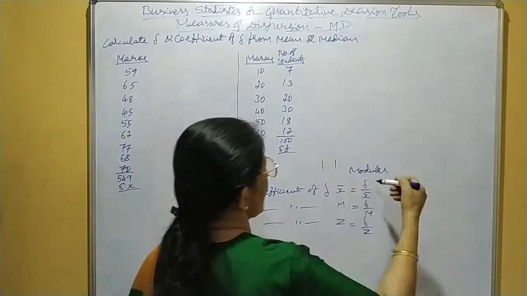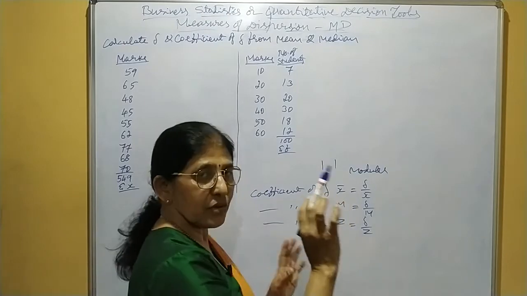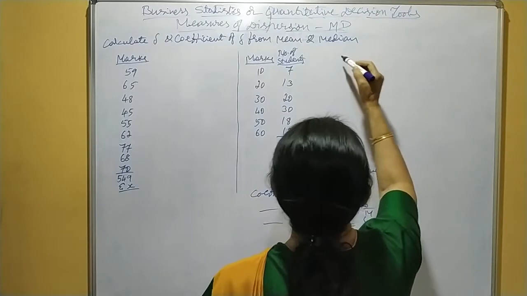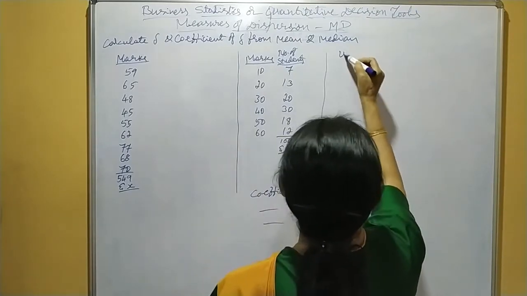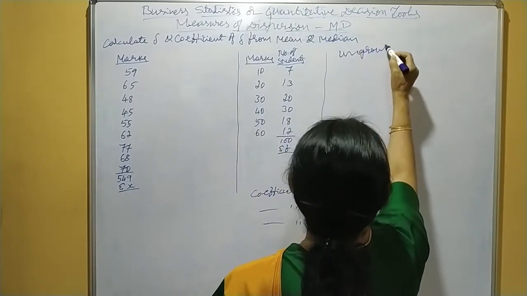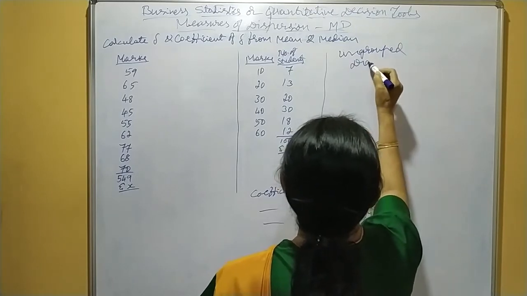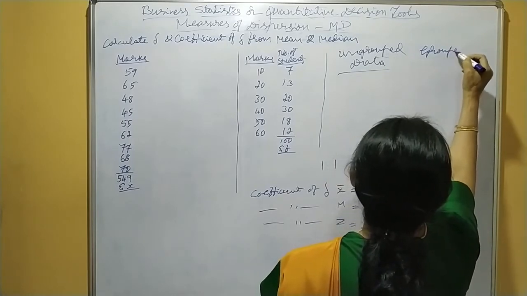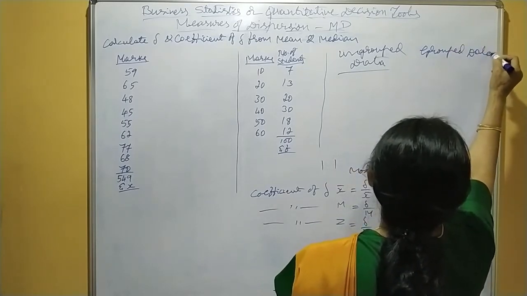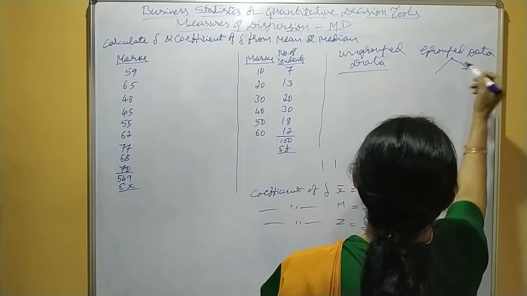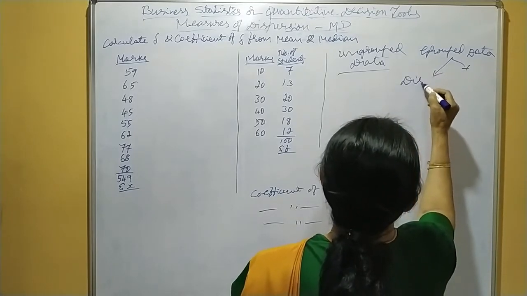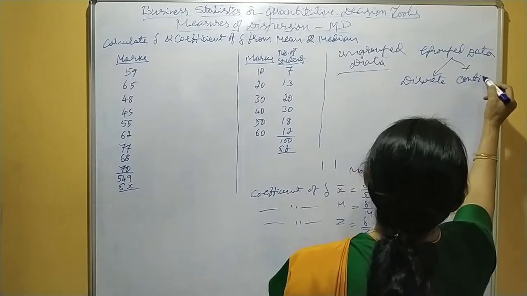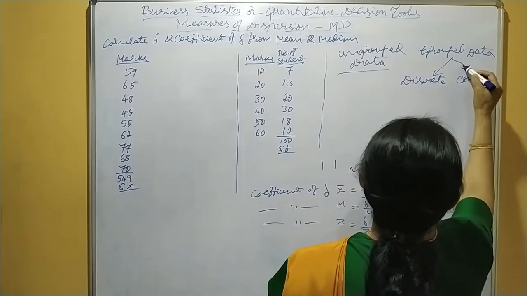But under grouped data, delta, the formula to calculate mean deviation is the same. That means if you take ungrouped data and grouped data, and under grouped data we come across discrete series and continuous series, isn't it?